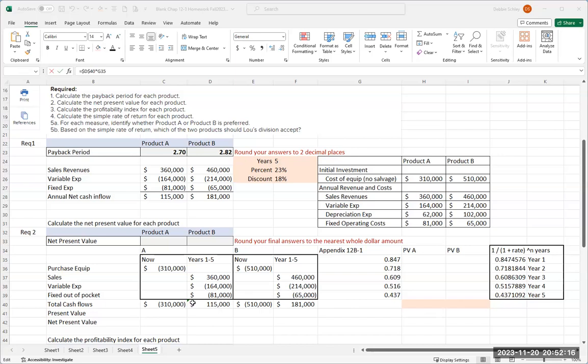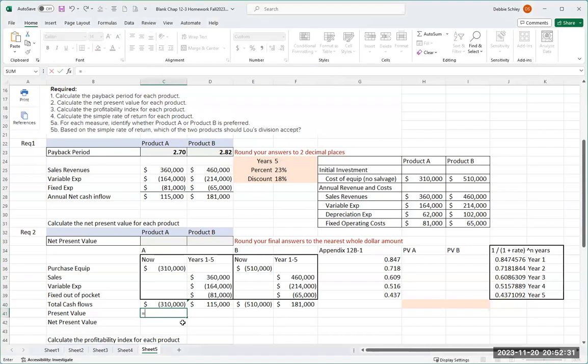If you look at this total cash flows, this is for 1 year with no discount factors, right? And I know that the present value of now is just what it is. There's no discount factor needed.